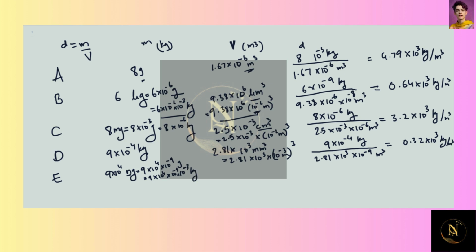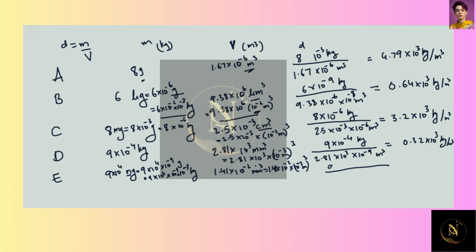And the volume is 1.41 into 10 power minus 2 millimeter cubed. And we know that 1 millimeter is 10 power minus 3 meters, which gives us 1.41 into 10 power minus 2 into 10 power minus 3 meter whole cubed. Now, density is mass by volume.